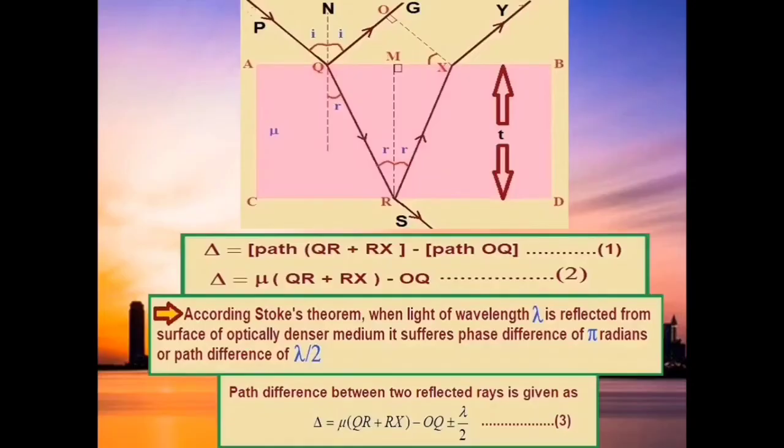According to Stokes' theorem, when light of wavelength lambda is reflected from the surface of an optically denser medium, it suffers a phase difference of pi radians or a path difference of lambda by 2. Hence, the path difference between the two reflected rays is given as delta equal to mu into (QR plus RX) minus OQ plus or minus lambda by 2. So this is equation 3.